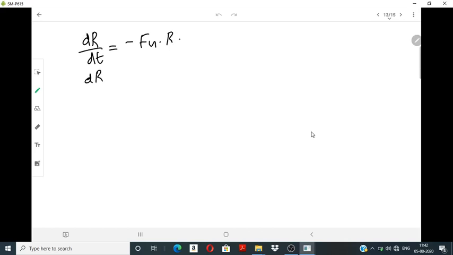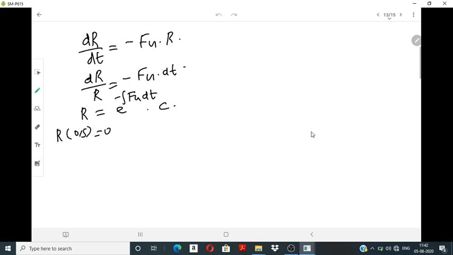So we can rewrite it as dr by r equal to minus fu into dt. So integrating, we can write r as e raised to minus integral fu dt, into c. Okay, so r of 0 is equal to 0 implies c equal to 0. So from this we can get that r identically equal to 0. So using that initial condition, we have proved that r identically equal to 0.